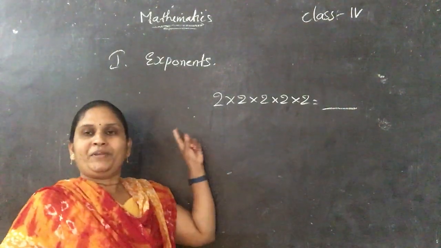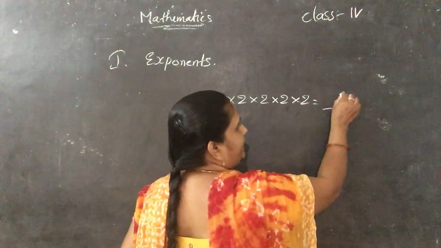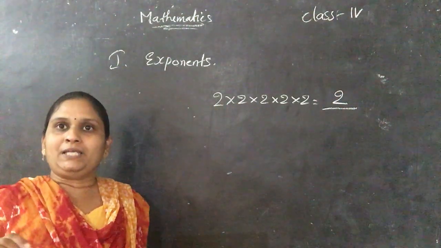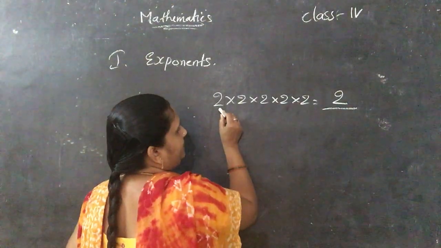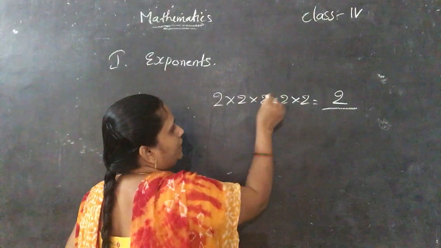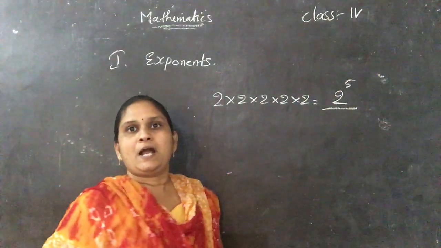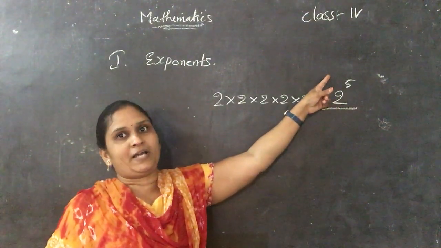Which number is repeated more times here, children? 2. I am writing 2 as the common number, because only that number is repeated more times. After that, how many times is it repeated? 1, 2, 3, 4, 5. So I am writing 5 as the upper number. It means 2 to the power of 5.